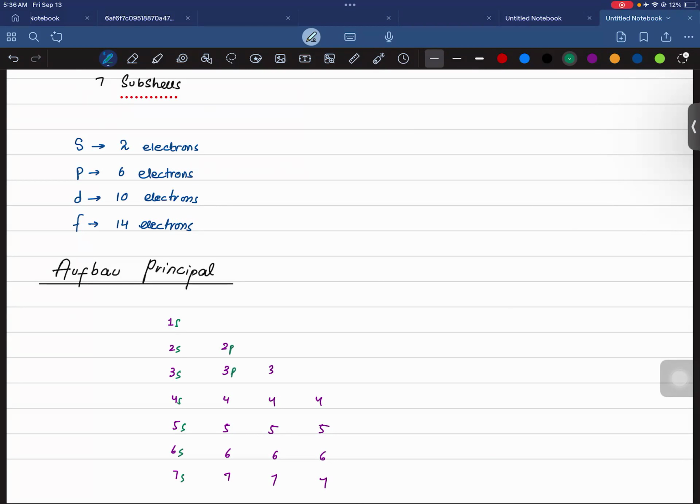Then s, p, d, f orbitals. This is the first arrow.